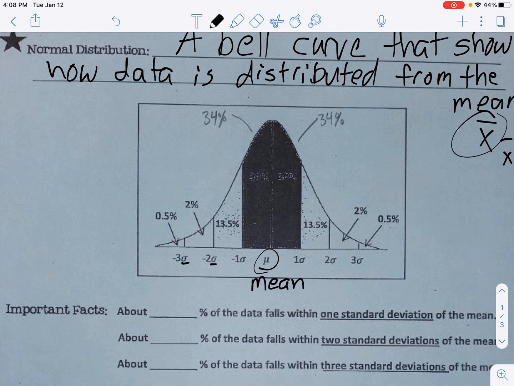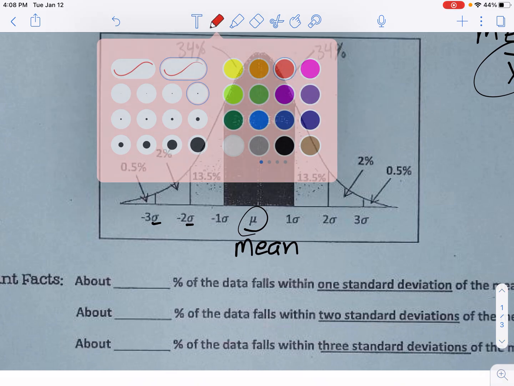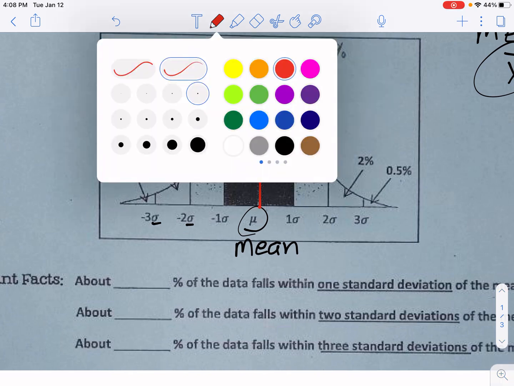When we're looking at a normal distribution, the mean is the center of our bell curve. So the mean is the center value. Then standard deviation represents how far away we are from the mean, so this is what these values are indicating.